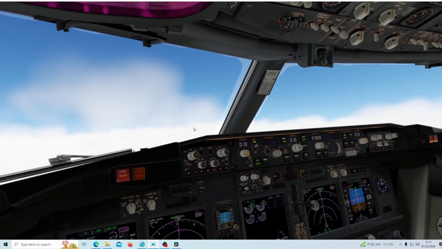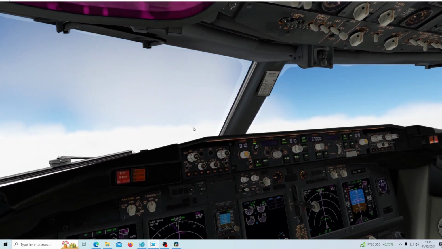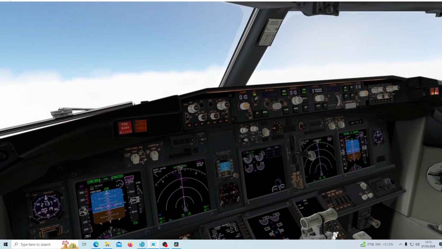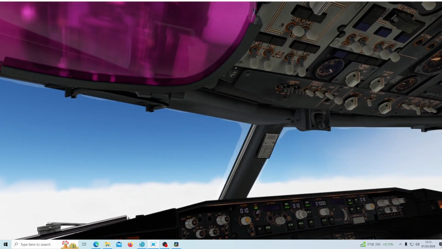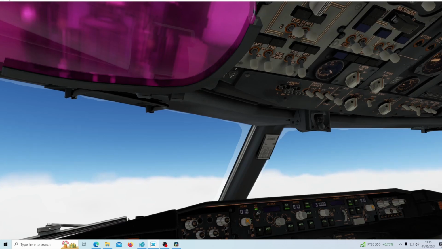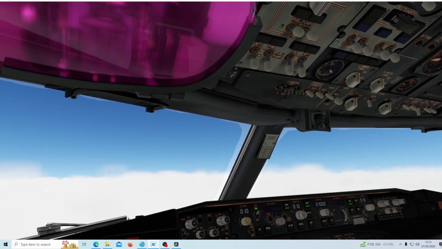So I'll let us go. We're through 370, and theoretically we should be in the clear here, so we will not need any engine anti-icing anyway. What I'm going to do now is adjust the clouds so that we are in the thick of it.